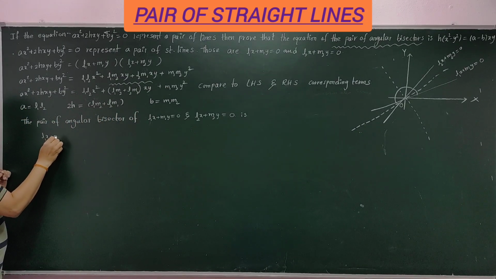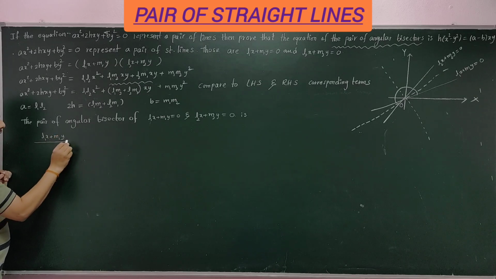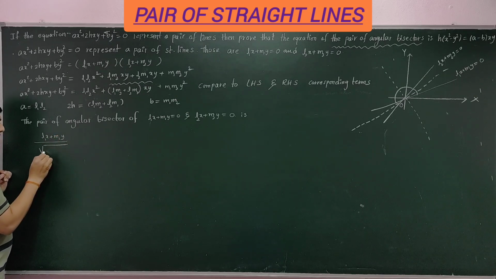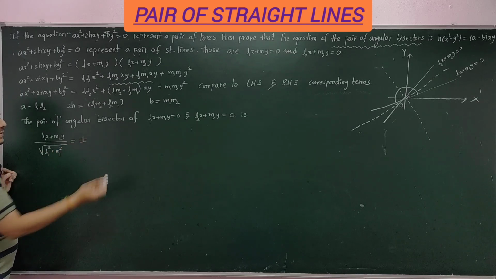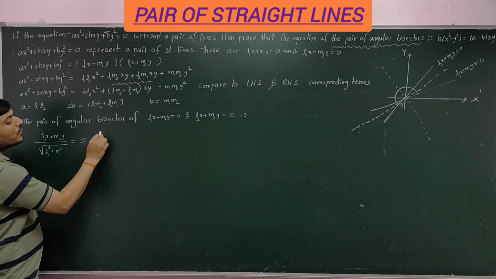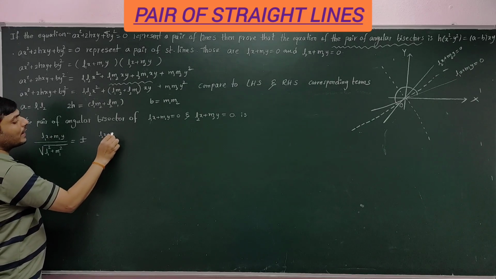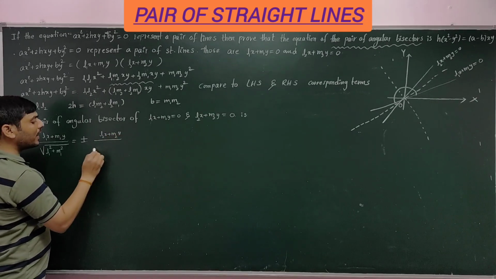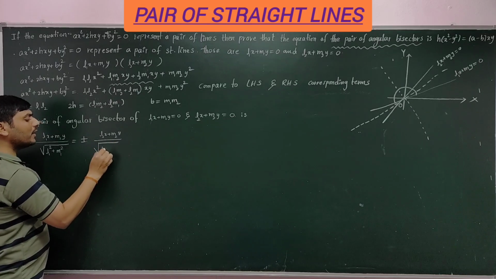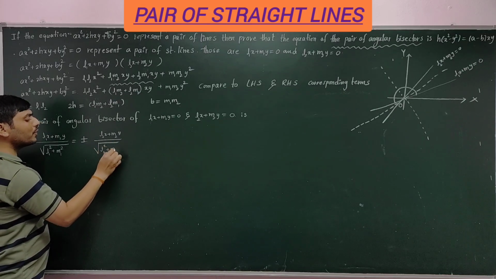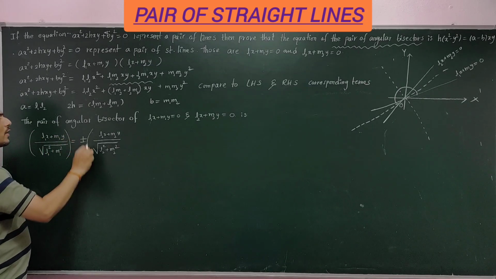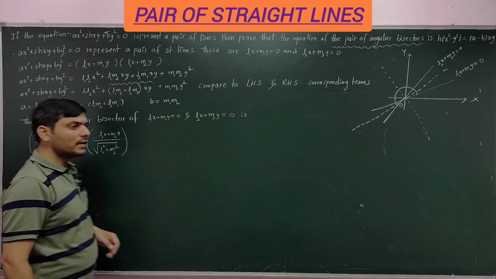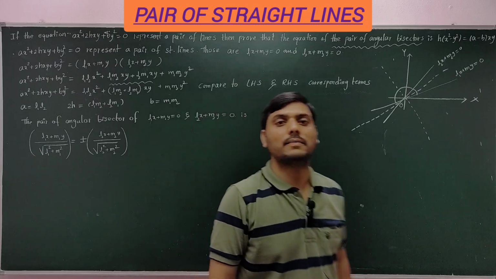L1x plus M1y by under root of L1 square plus M1 square is equal to plus or minus L2x plus M2y whole by under root of L2 square plus M2 square. This is your concept of the formula.